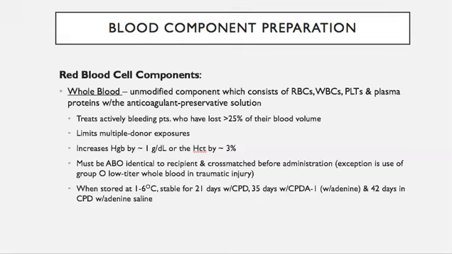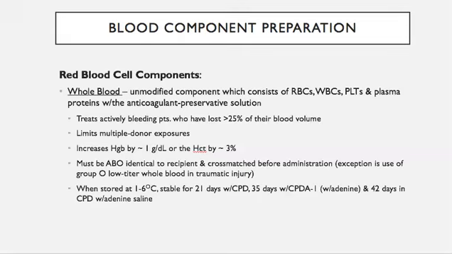This helps by limiting multiple donor exposures. You can treat a patient that's lost a lot of blood with one product, versus treating them with red cells and then plasma and then platelets, which would all be from different donors.